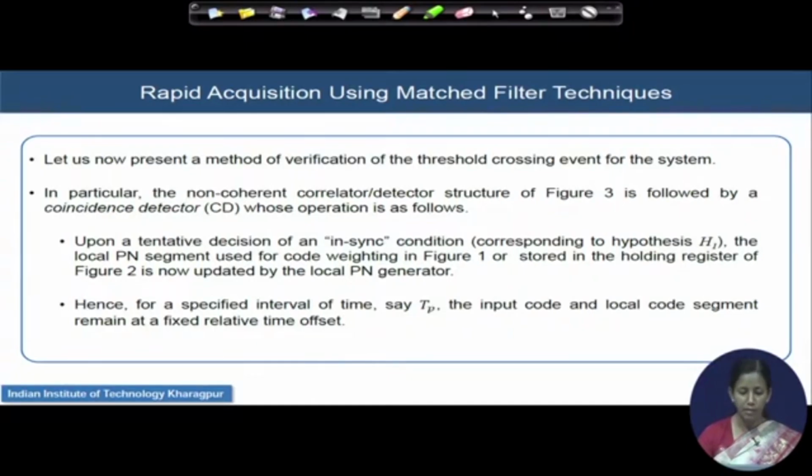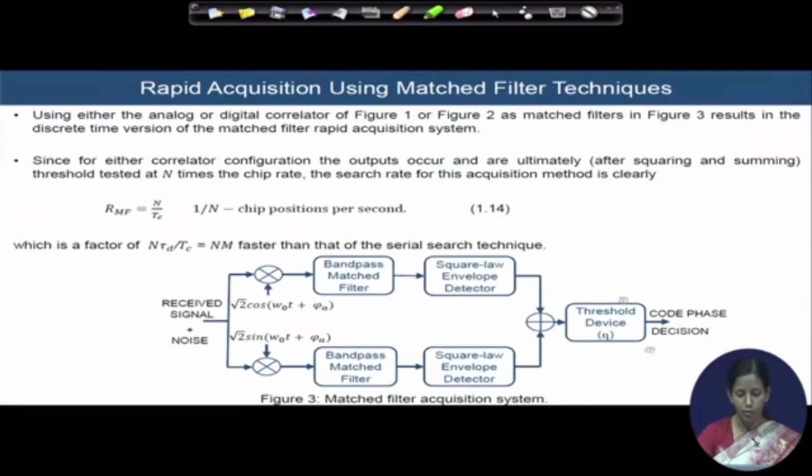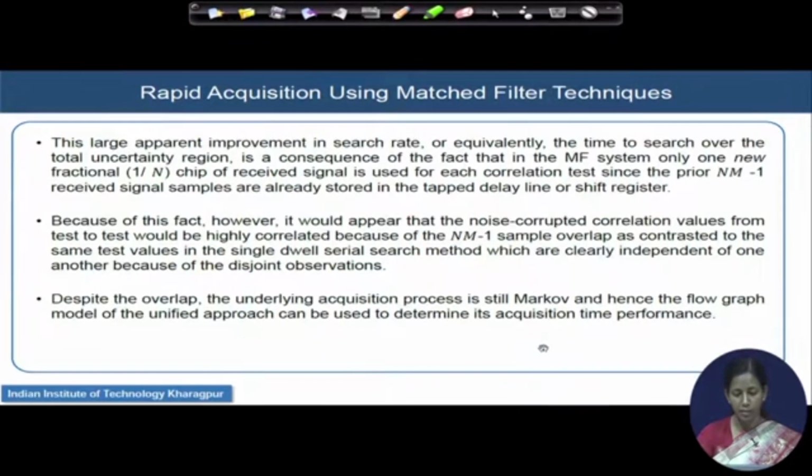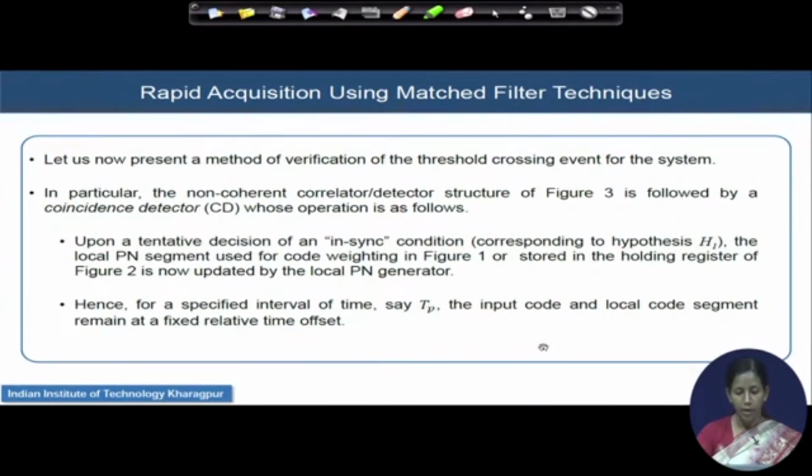We have seen this in the architecture of figure 3. Let us go back. In this architecture of figure 3, after the addition, we have a threshold device eta, where eta is the threshold point over which this verification algorithm runs inside the threshold device.